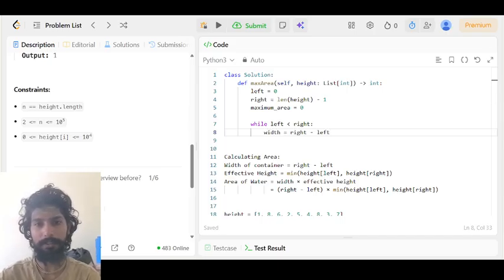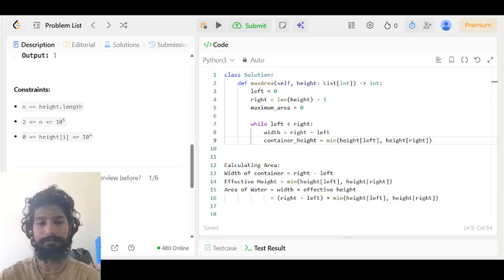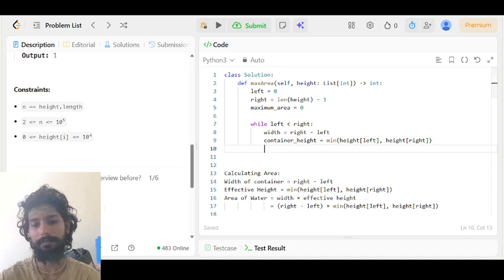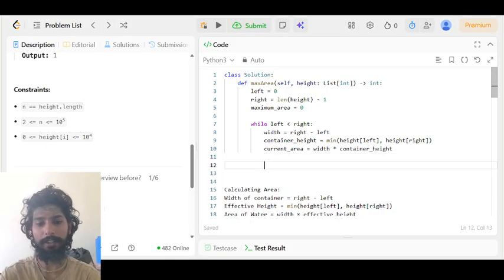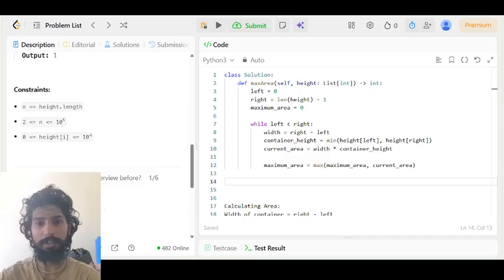We capture the width and the container height. Then we get the current area. Finally, we calculate the maximum area, and after that we check which height is shorter and move accordingly.